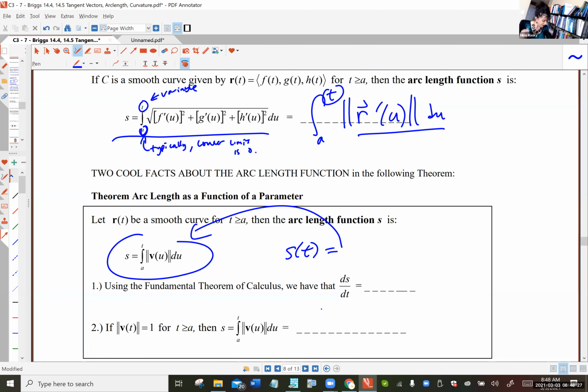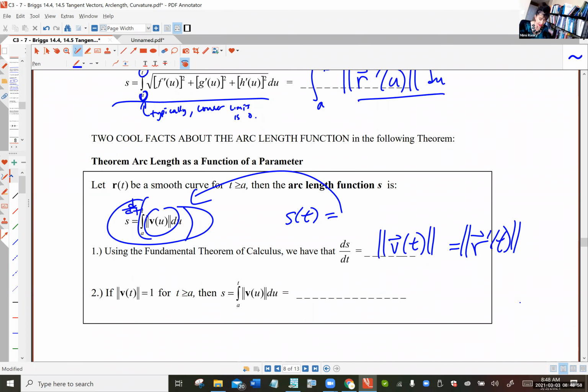Using the fundamental theorem of calculus, if you take the derivative with respect to t of this integral, derivatives and integrals are inverse operations of each other, so you'll just end up with what's inside the integrand. So you'll basically get your speed, the magnitude of v of t, which is the magnitude of the first derivative of your position function. Same thing.